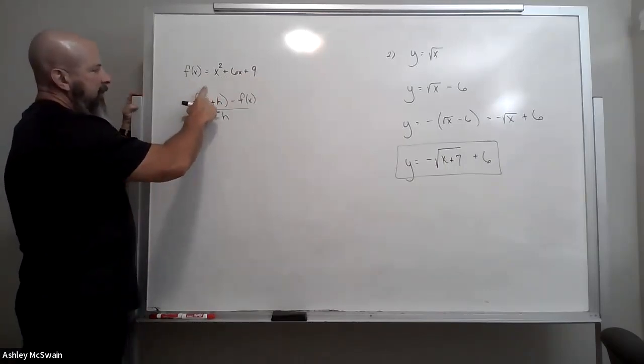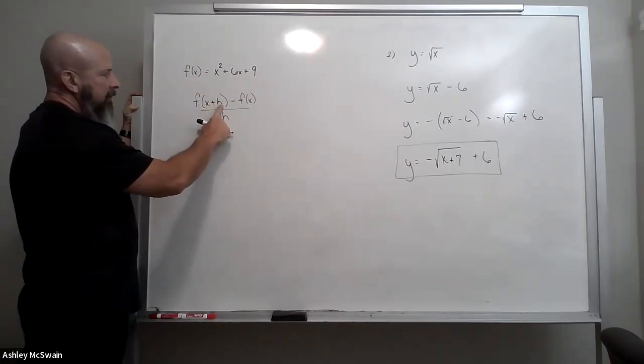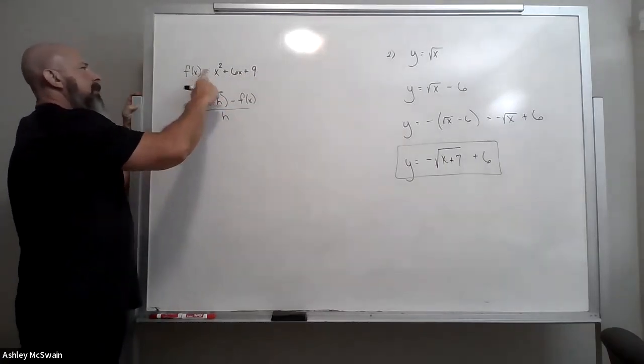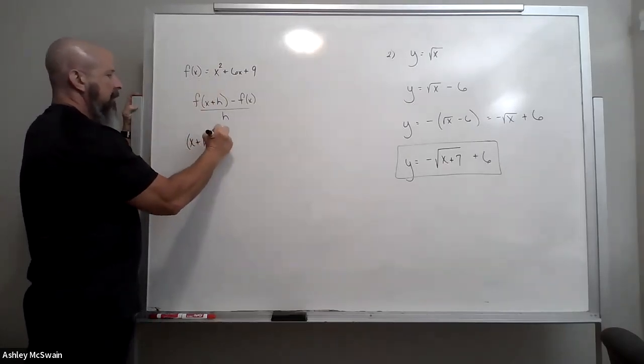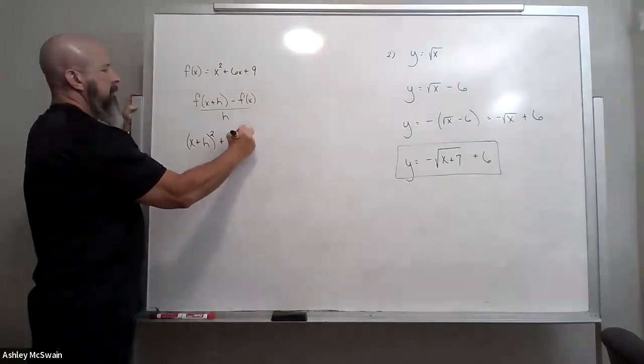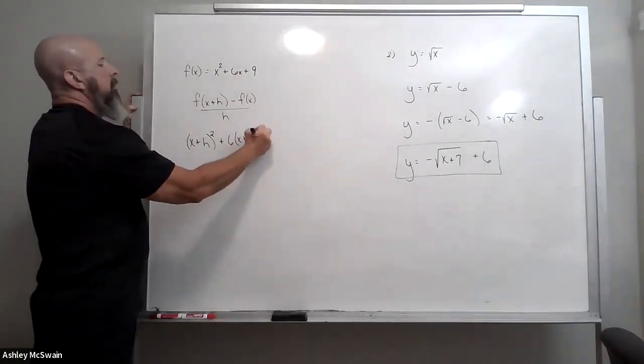So f of x plus h means x plus h is being substituted in for x. So that would be x plus h squared plus 6 times x plus h plus 9.